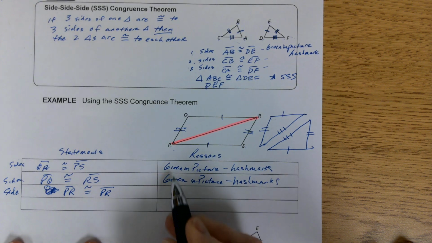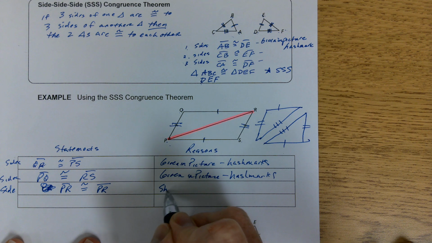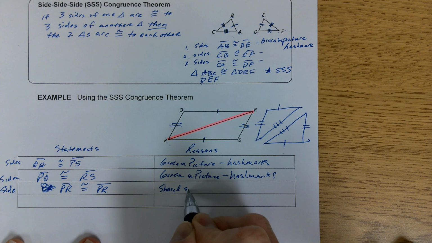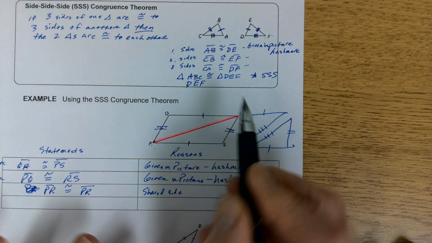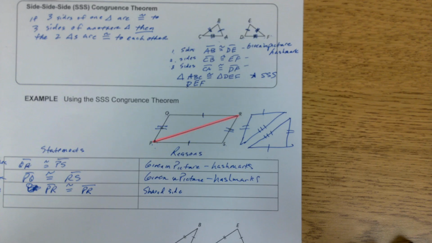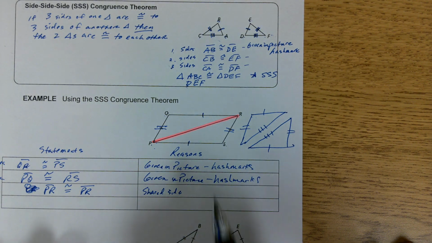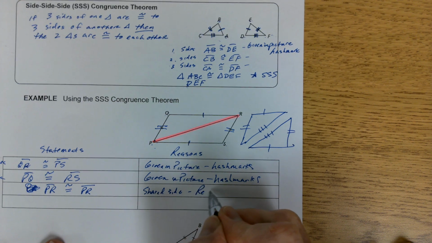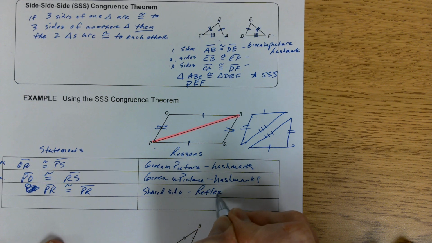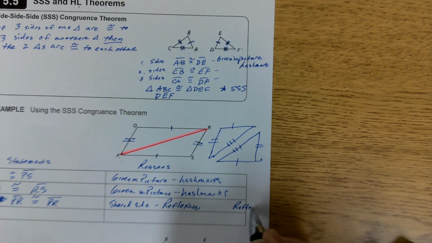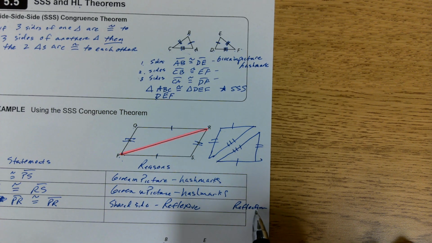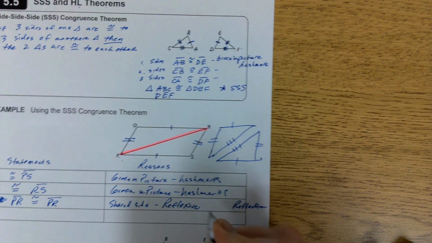Now I'm telling kids, look for a shared side, but really the reason two things are equal to each other is by the reflexive property. Think of reflection, right? You look in the mirror, see yourself. It's that same idea, except it's the reflexive property.